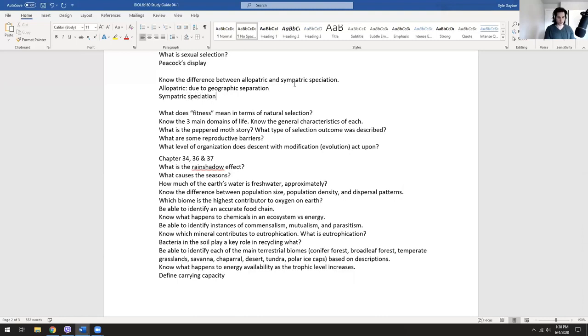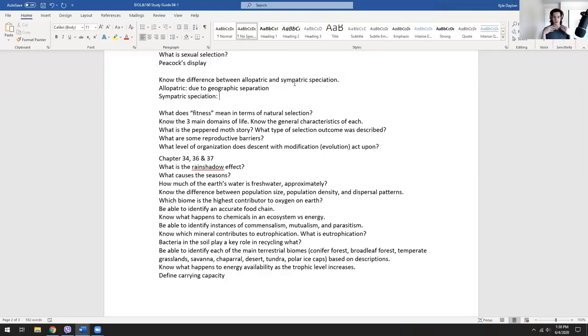speciation. That's where, and this is going to happen really commonly in plants, and actually we kind of engineer this stuff. This is where you'll actually be within the same geographical region, within the same ecosystem, but you actually get speciation, and usually in plants this happens from one generation to the next.